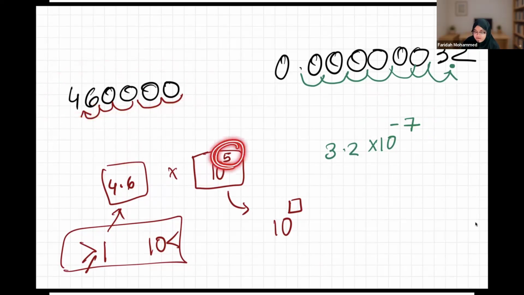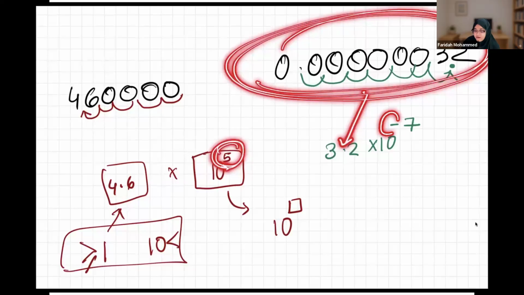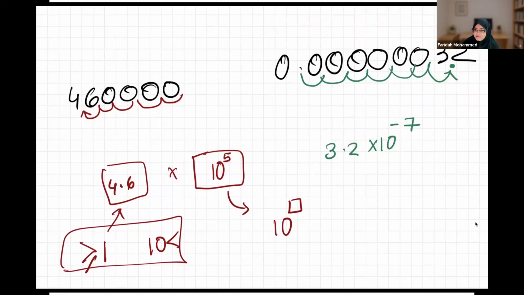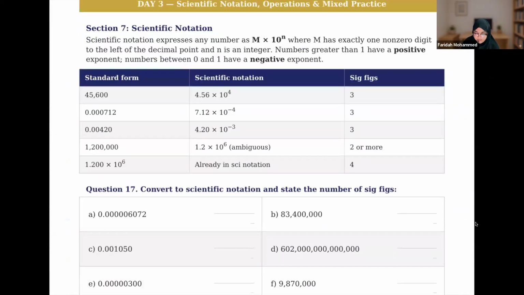That means you need a positive exponent. But this one is such a small number, smaller than 3.2. That's why you have a negative exponent. That's how you can think about it if you get confused between positive and negative. Okay.